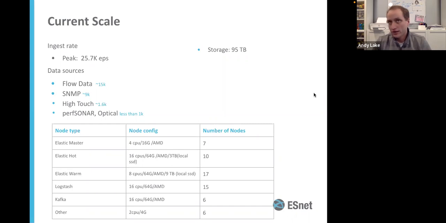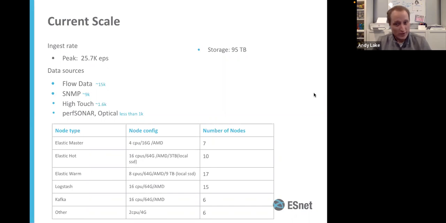We keep 30 days of the raw flow data. After that, we have 5-minute buckets that we keep for in the order of years, and some 24-hour roll-ups that we keep basically forever. And we have different rollups for the different data sets.